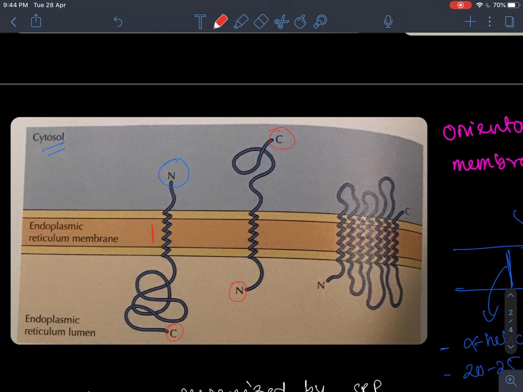For both these cases we can see they have one transmembrane domain.